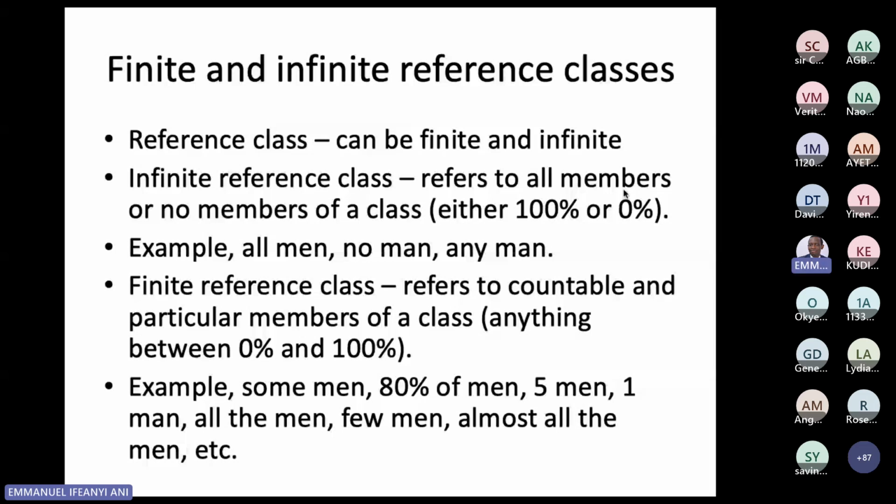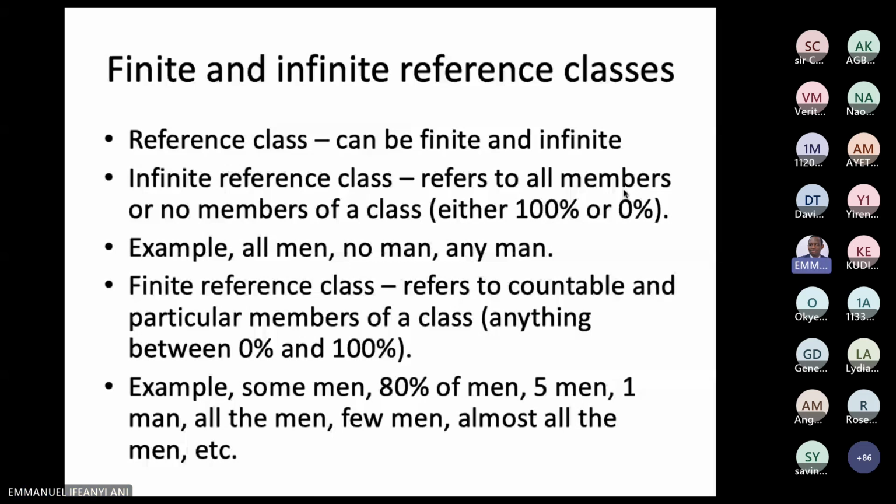Examples: all men, no man, any man. It is a class that contains uncountable items. You can't count the items in that class. For instance, you can't count all men, you can't count no man, you can't count any man. They are all uncountable items.